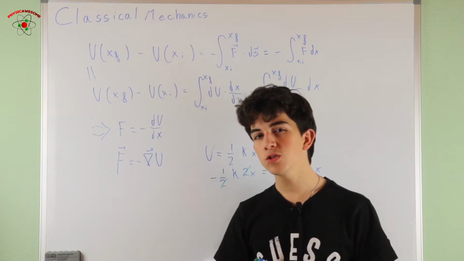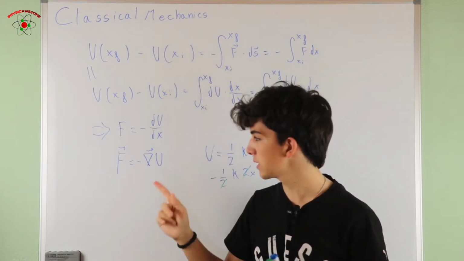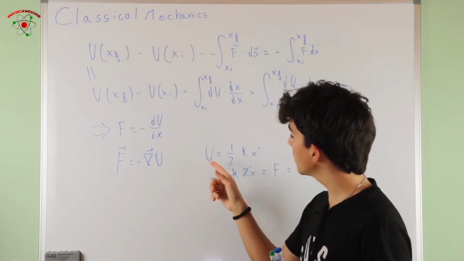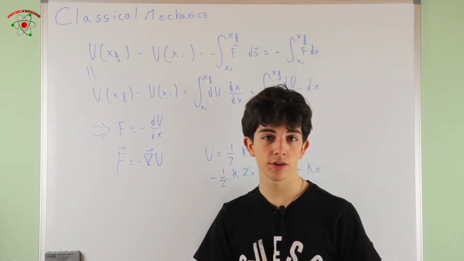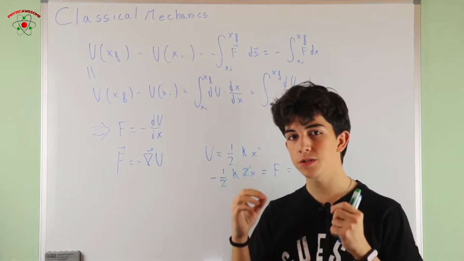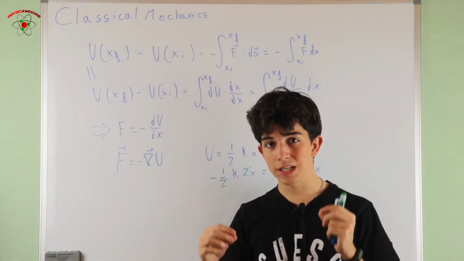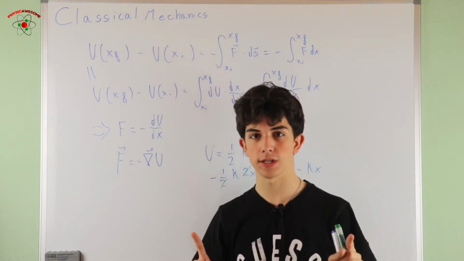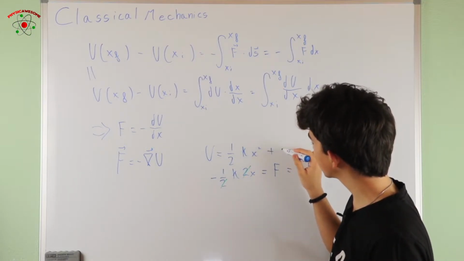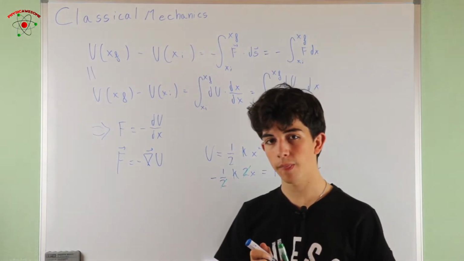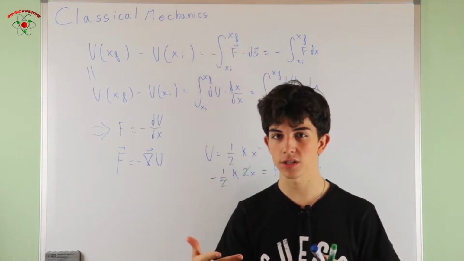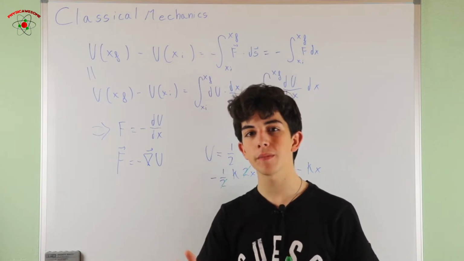Furthermore, I want you to realize one thing about this. We have said in our earlier videos that gravitational potential energy and all of the different types of potential energy aren't really defined. They are defined up to a constant. So we could add a plus z over there. However, that z, as I said, is a constant. It doesn't depend on the parameters of the system.